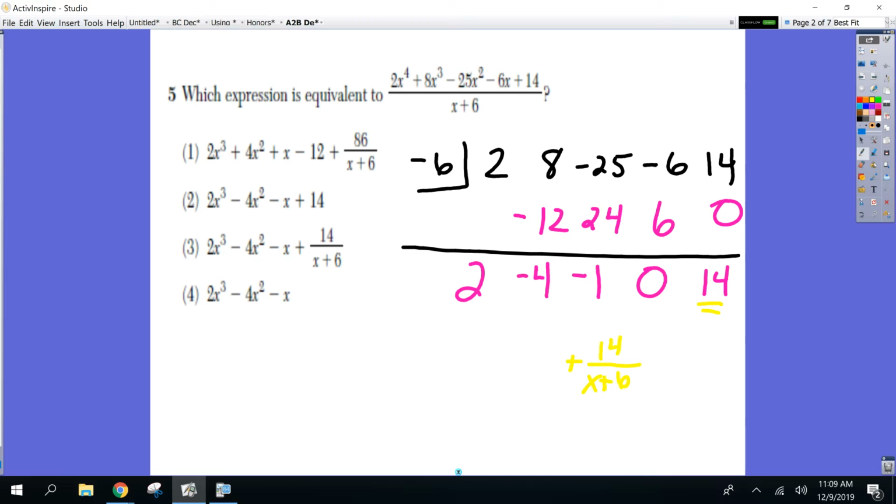But if you already went down to x to the 1, then the last number, like plus 14, has no x, so you wouldn't have to put the 0. That I don't know. That's what I've got to find. But you definitely would have to put in a 0 for x to the first, even if it didn't have the 14. So I'm still saying put in the 0 there.